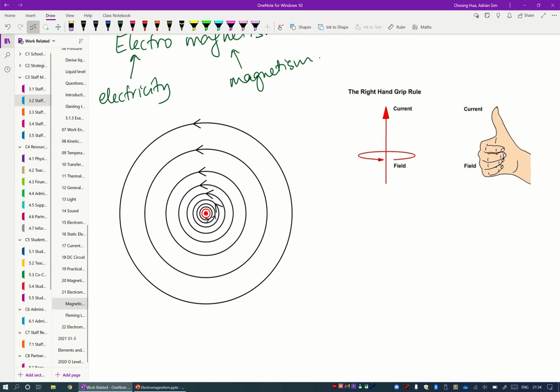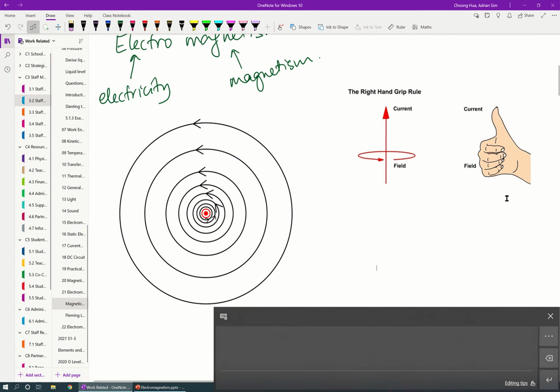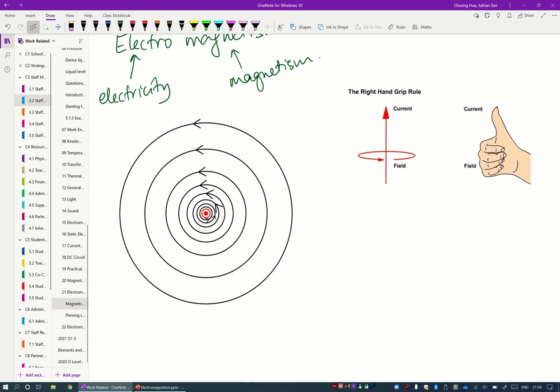What we have here right in the center, marked out in red, is the current flowing out of the screen, and the black circular line surrounding it represents the magnetic field surrounding the current. So how do we know the direction of the magnetic field?